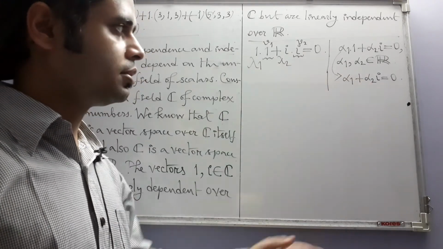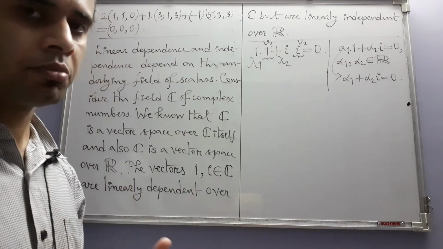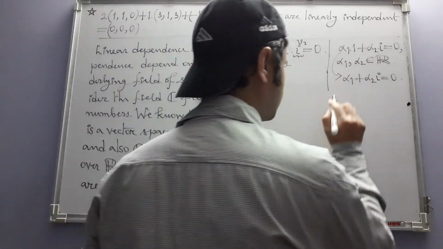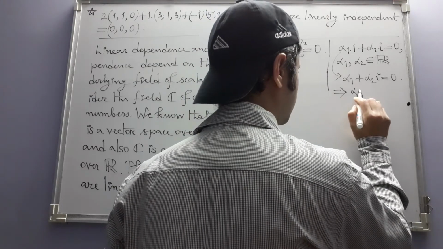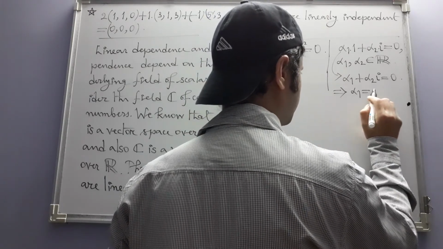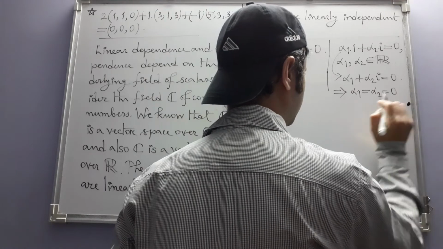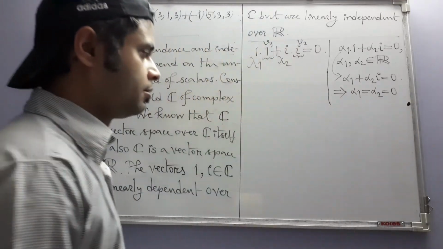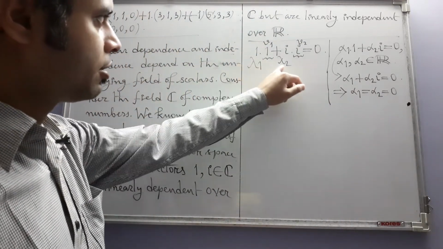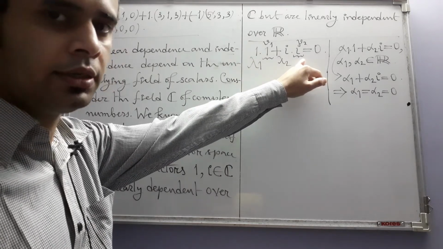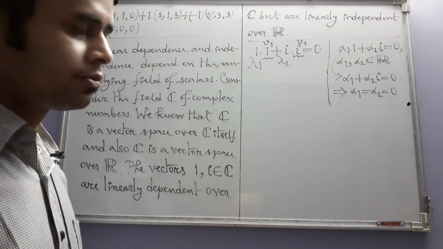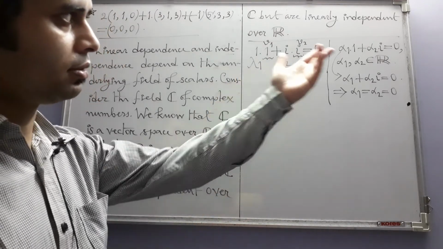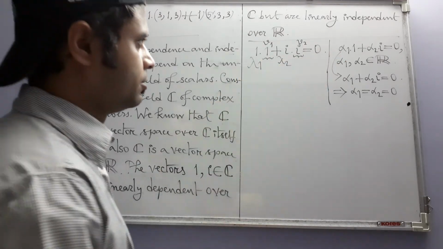From the definition of equality of two complex numbers, we know that this is true if and only if both alpha 1 and alpha 2 are equal to 0. So the possibility of choosing non-zero scalars that we had here is not present here. Here both the scalars have to be 0, only then the linear combination is 0.